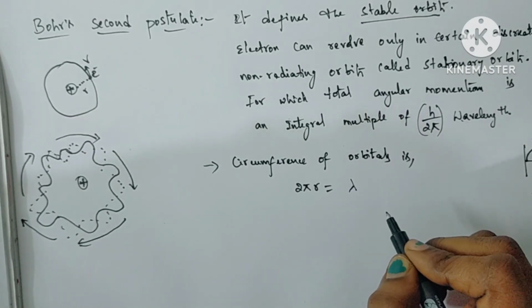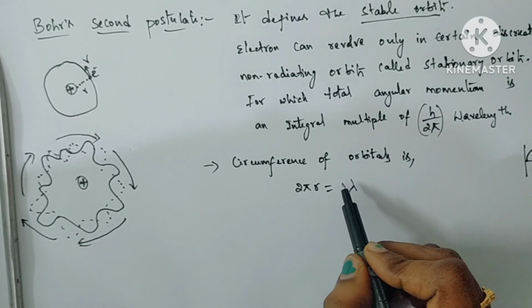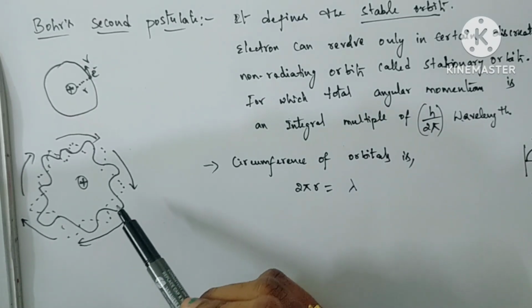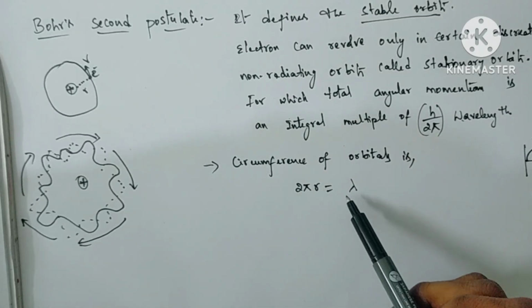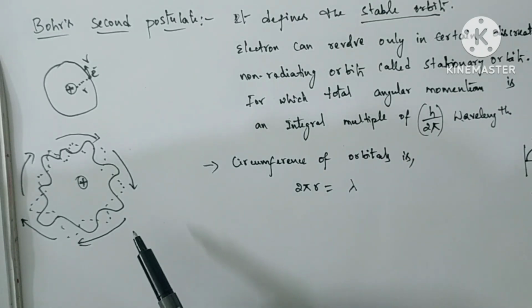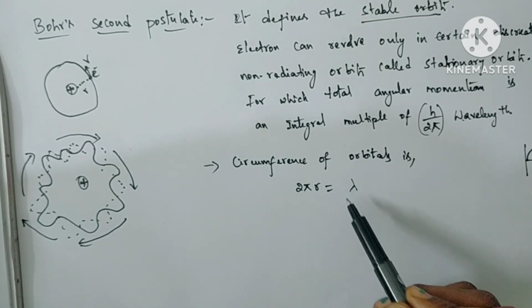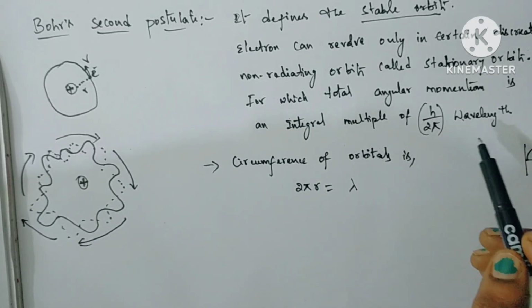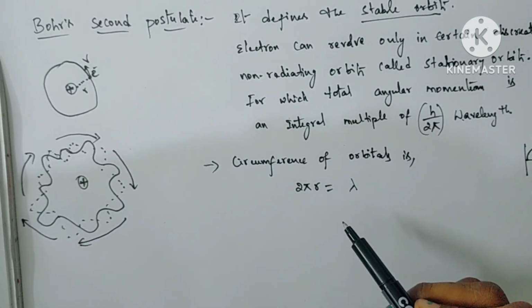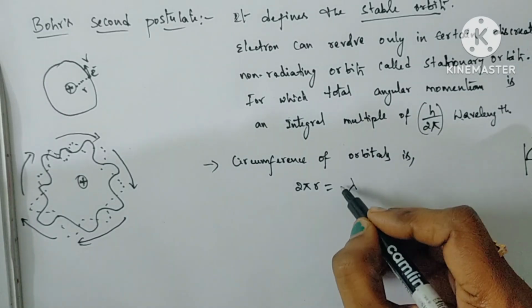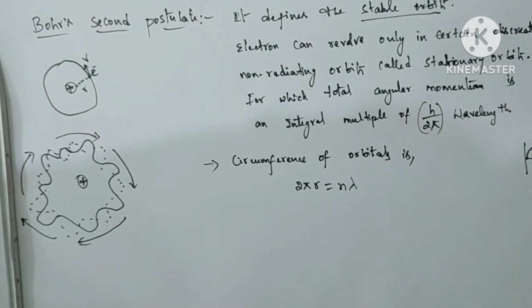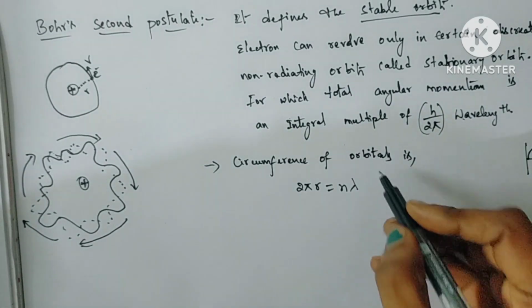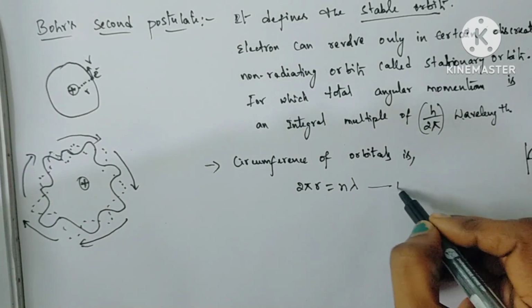The integral multiple means here I am taking n orbits. If I take one orbit I can write it as 1 lambda. If I take two orbits, we can write it as 2 lambda. But here we are taking integral multiples of its wavelength, so I am writing it as n lambda. Is it clear? Let's take it as equation number 1.